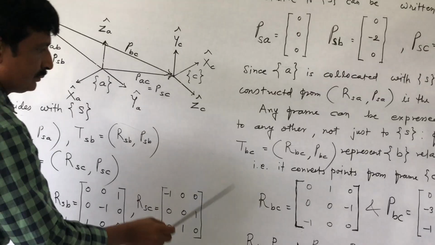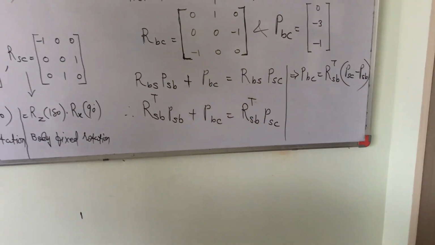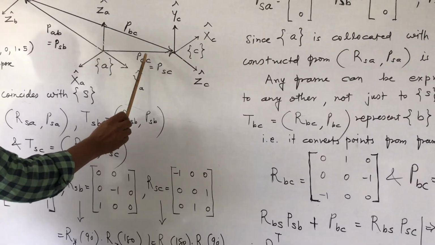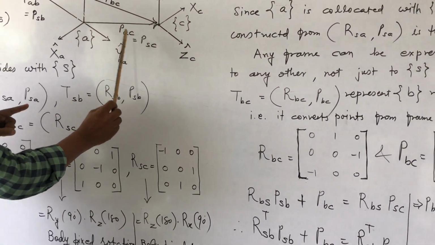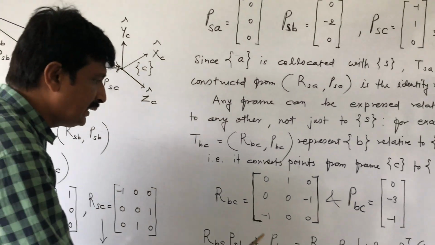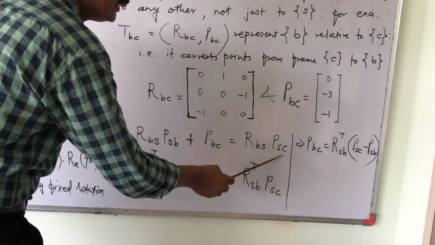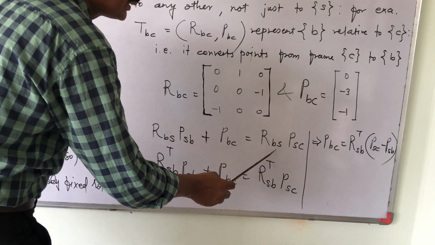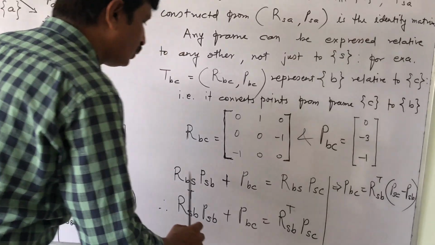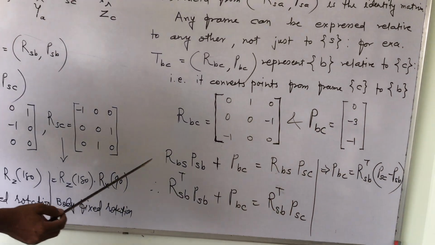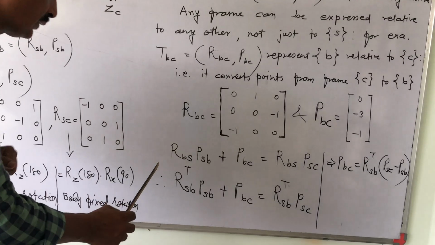So P_BC plus this vector equals this vector. This is also in S frame, so we have to convert it into B frame. So for this we have to multiply R_BS P_SC, S and S cut out, subscript cancellation rule. So this is nothing but a vector addition, triangle law for vector addition, after transformation, after rotation.